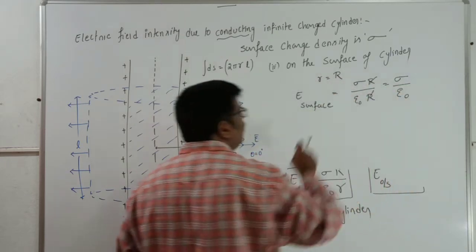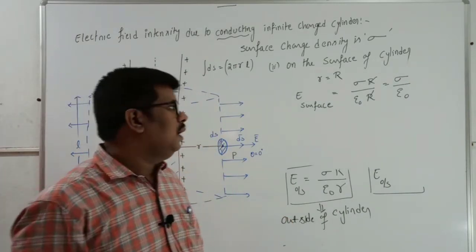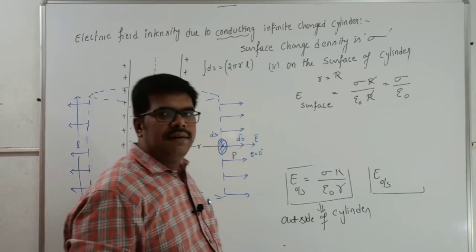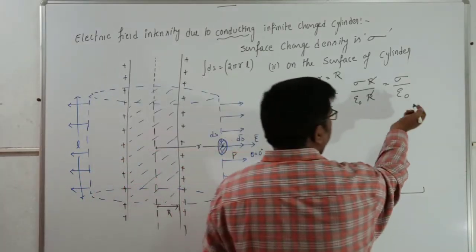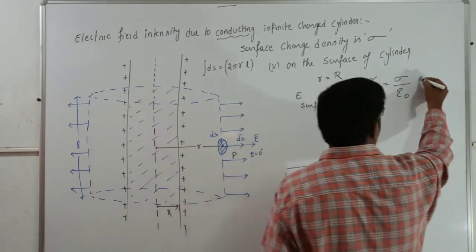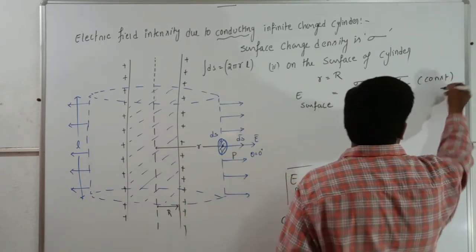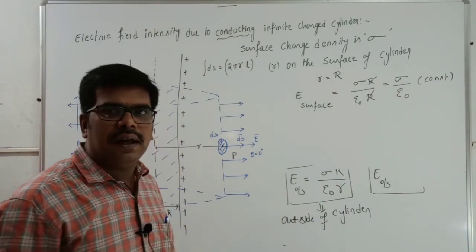This is the electric field intensity on the surface of the cylinder. It does not depend on distance, so it is constant, and it is the maximum value.